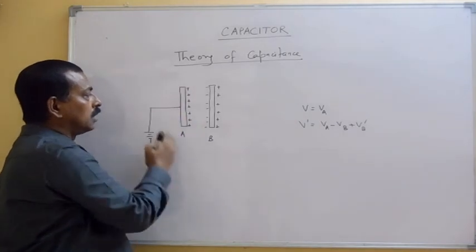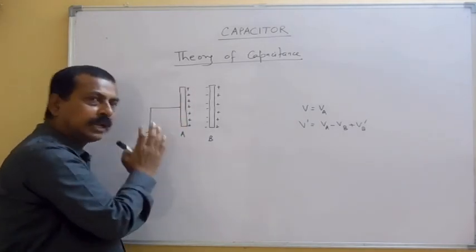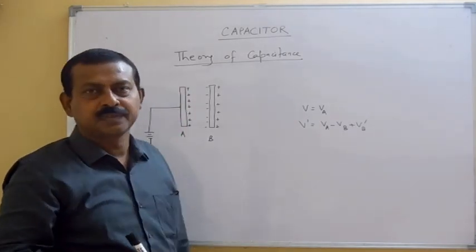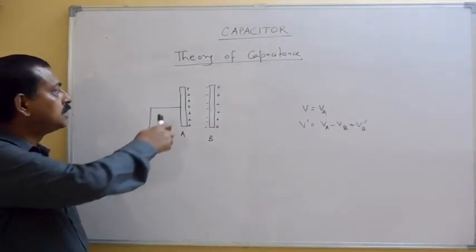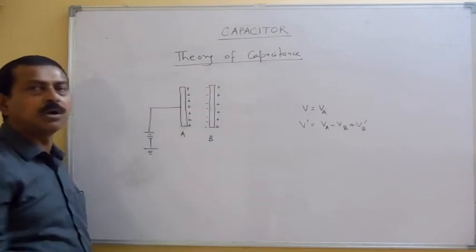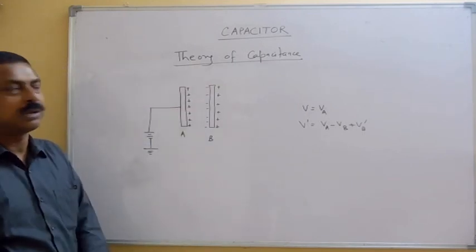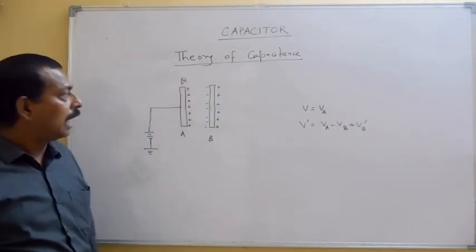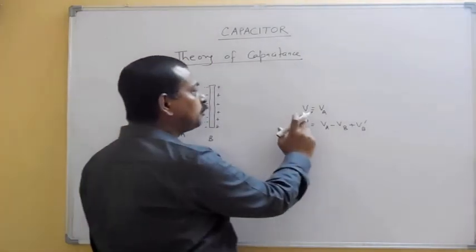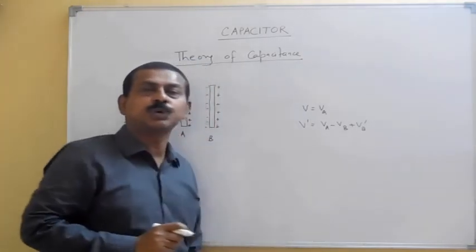Let's suppose we have only conductor A initially, which we have connected to a source, and this gives a charge Q on the conductor. Its potential we can write as V equals VA.